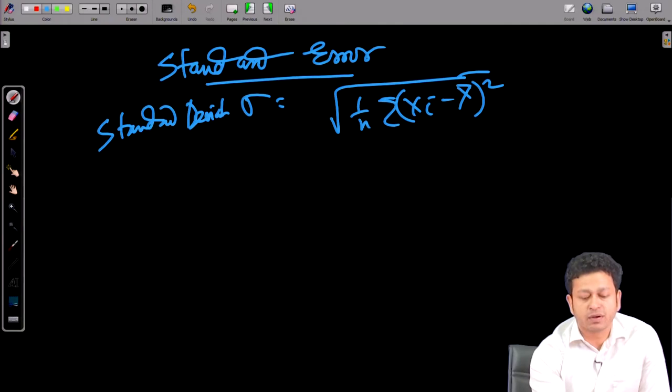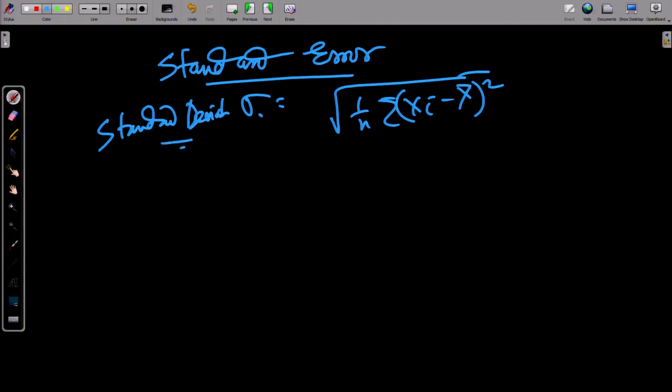When you already have all the values x, you know all the x's, you basically calculate the standard deviation. We usually denote population standard deviation by sigma. So let's say we're talking about the population.